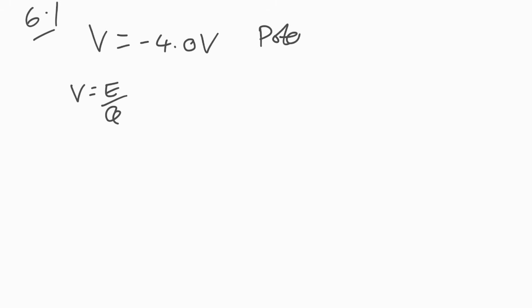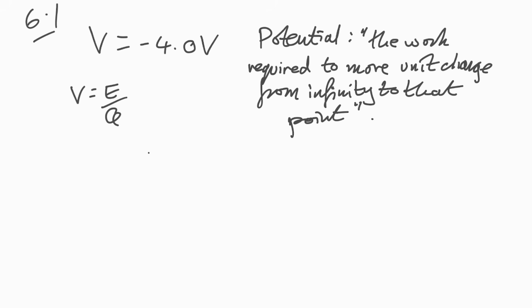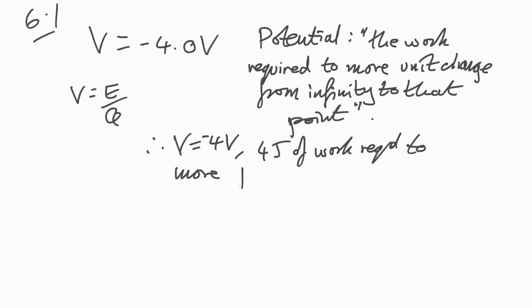The definition is that potential is the work required to move unit charge, so per coulomb in this case with electric fields, from infinity to that point. I know it seems like it's the wrong way around, but that's why it's a minus. Therefore, V equals minus 4 volts means 4 joules of work required to move 1 coulomb of charge from that point to infinity.